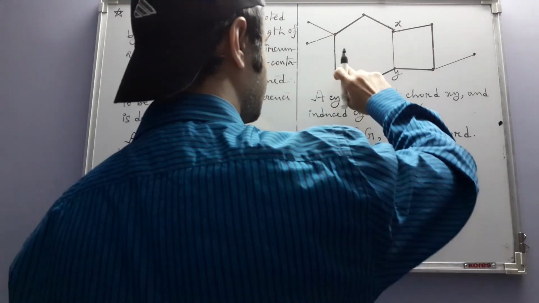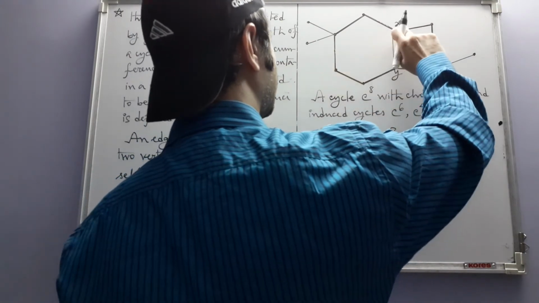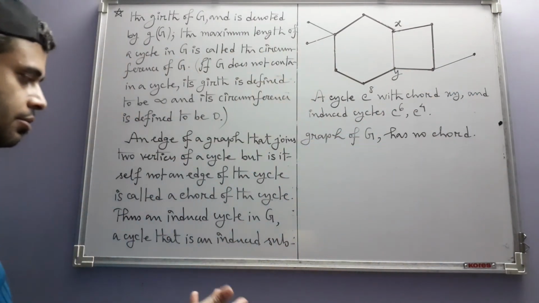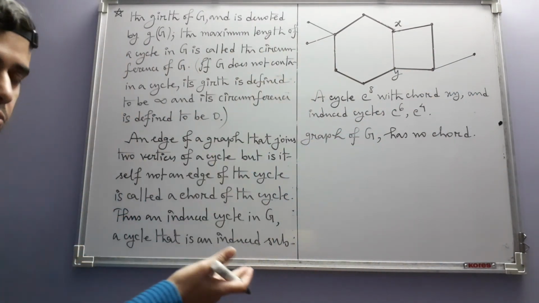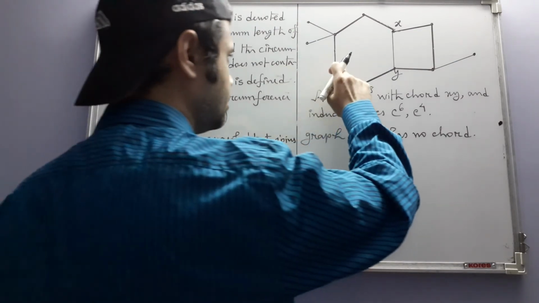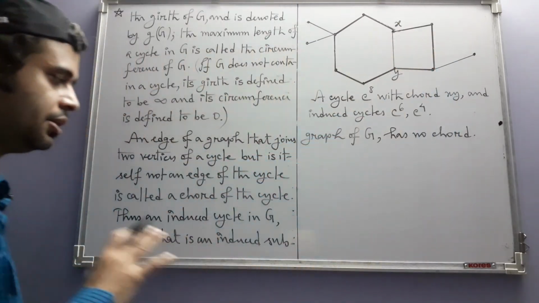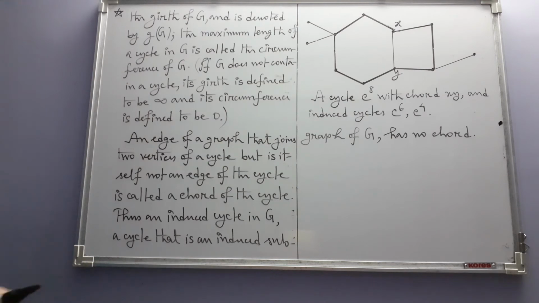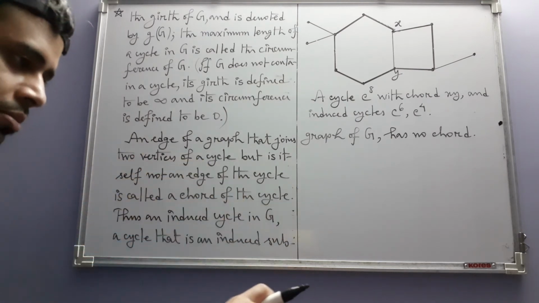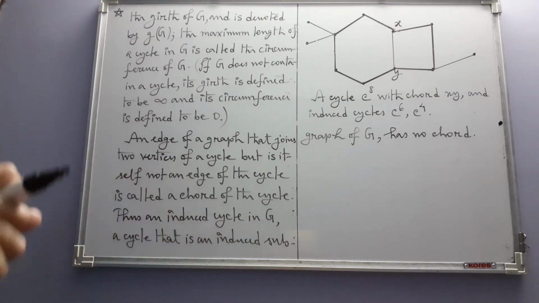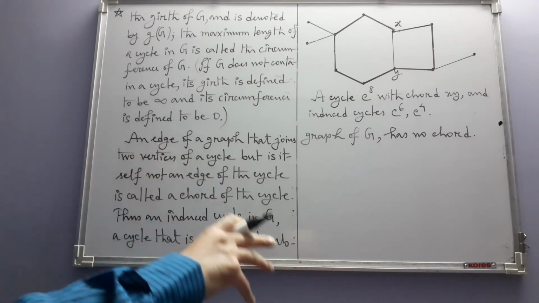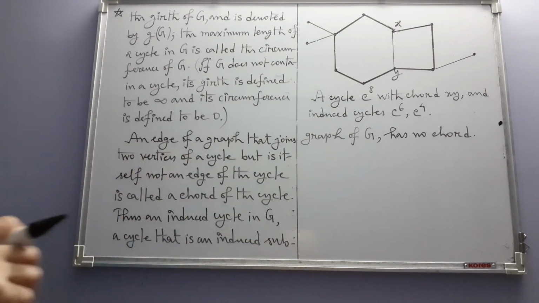Why? Because if there is a chord, then since it has to be an induced subgraph, that chord should also be a part of the subgraph. When we consider an induced subgraph, then from the graph we not only take all the vertices that we need, but we also take all the edges that can possibly come with those vertices.